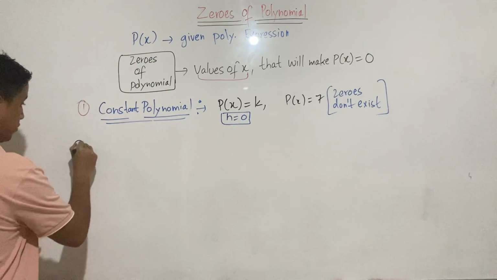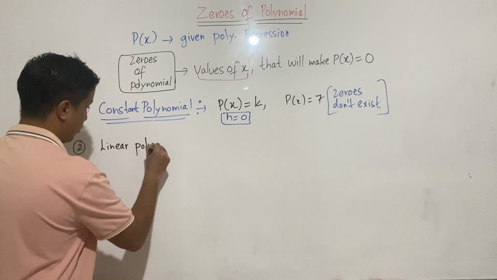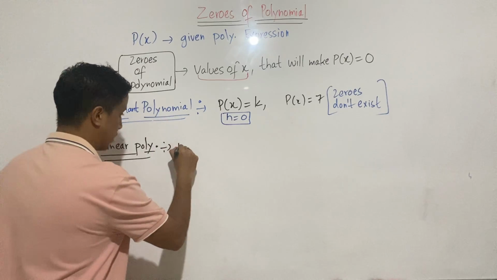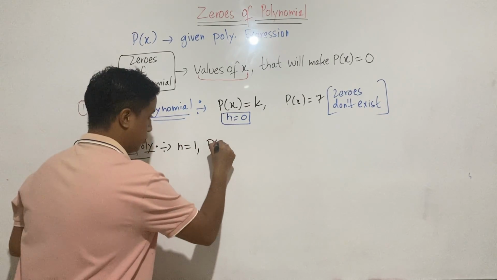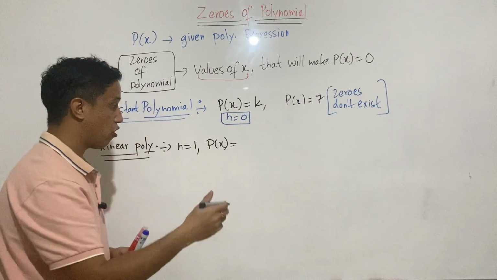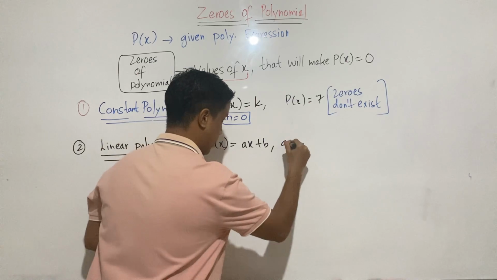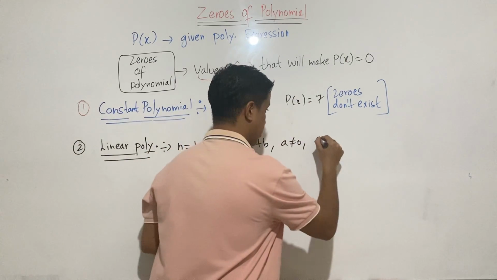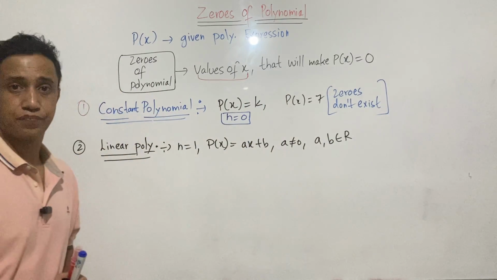Next is our linear polynomial. Linear polynomial means degree 1. The general form is p(x) equal to ax plus b, where a must not be equal to 0 and a, b belong to real numbers.